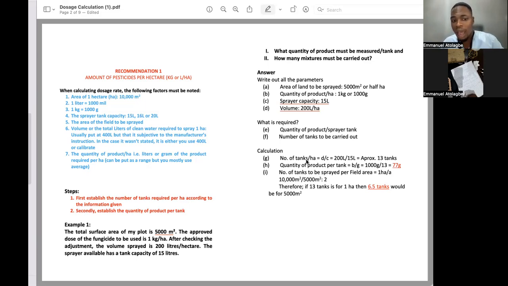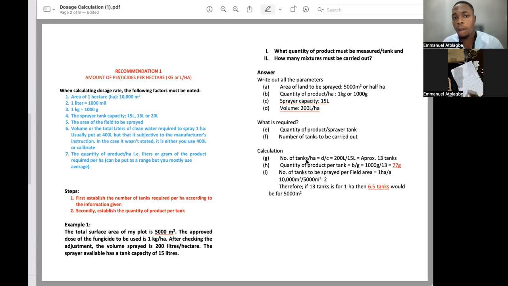So we have 5,000 square meters, which was given in the question. Whatever we have here, we divide it by 2. What quantity of product must be measured per tank? We have gotten that one already, which is 77 grams. Now, question 1.